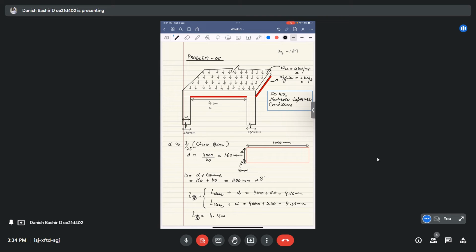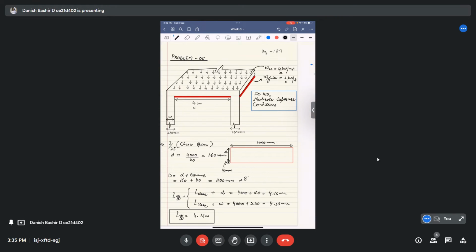From this effective span, we will calculate all our quantities required for the design.